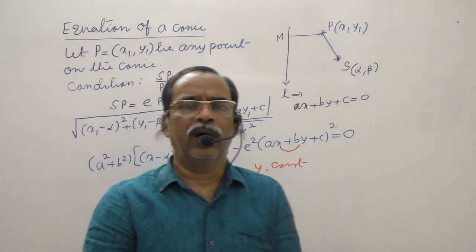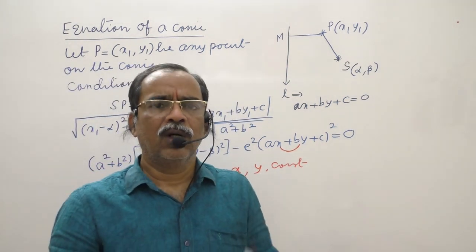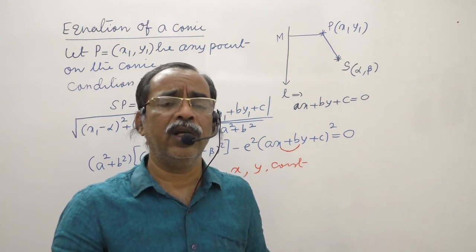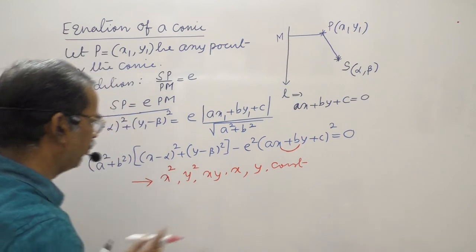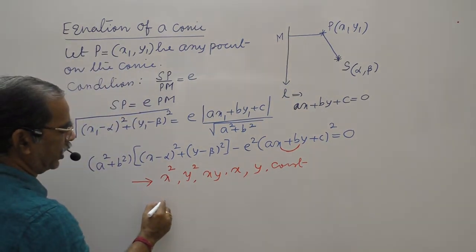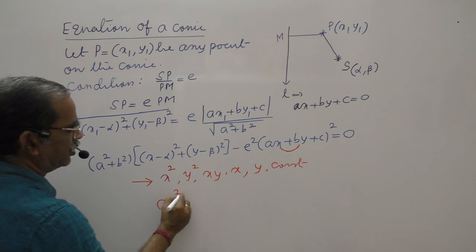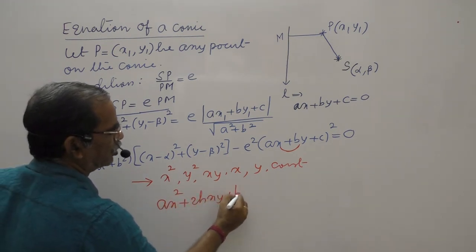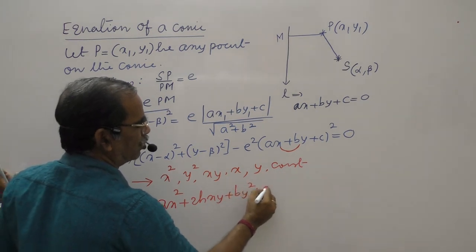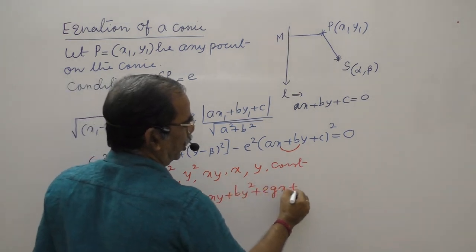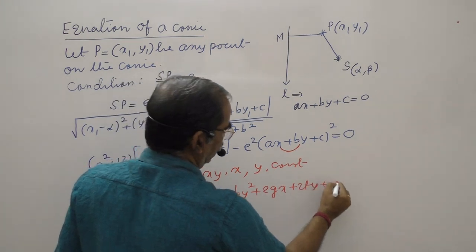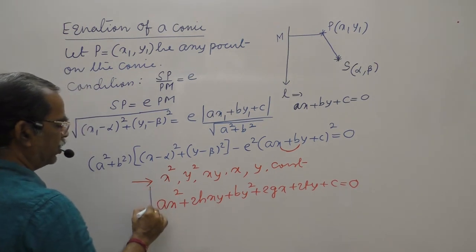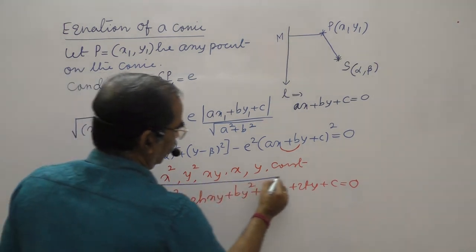Therefore, what is our conclusion? A conic's equation is a second degree equation in x and y. The general form of a second degree equation is ax square plus 2hxy plus by square plus 2gx plus 2fy plus c equals 0.